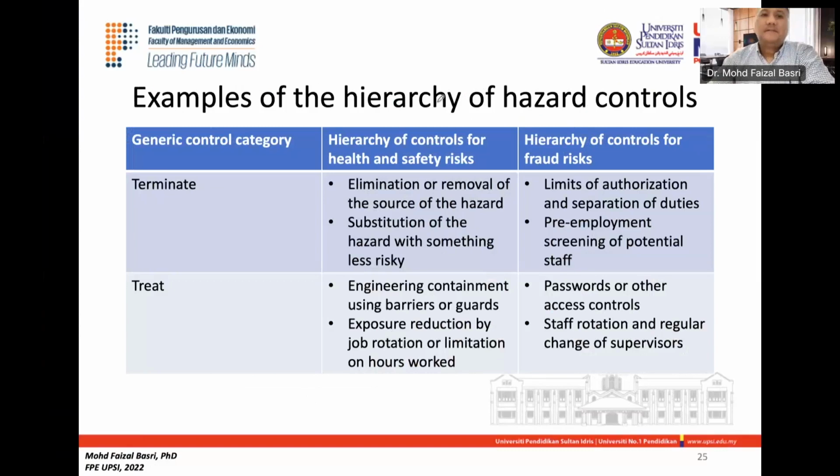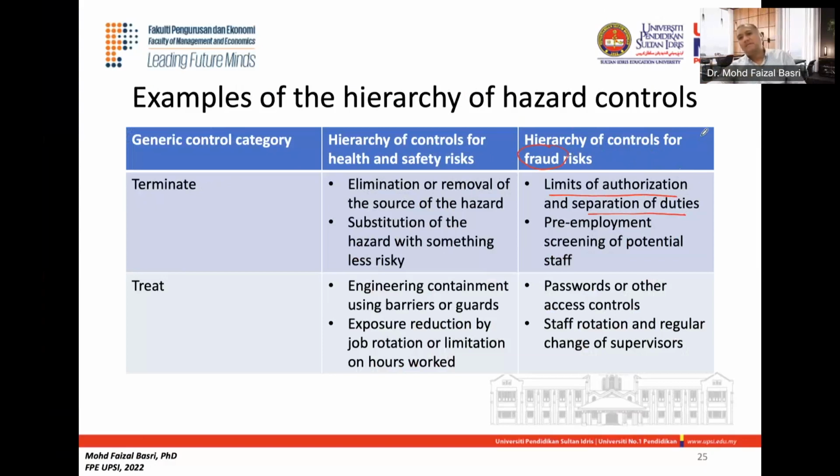So, examples of the hierarchy of hazard controls. From the termination point of view, we can put limits of authorization, or separation of duties. For example, when we talk about fraud risk, you can stop the risk from happening if you limit the authorization. In a bank, branch managers have limits with regards to approval.